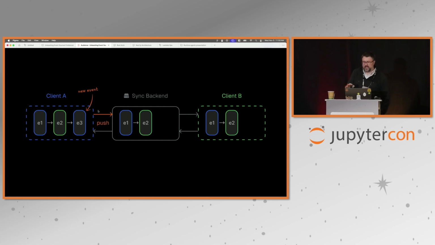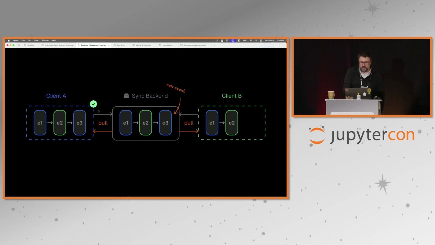So back to this event log thing. How does this piece work? We've got two clients here, client A and client B, and we've got our sync backend. Client A, client B and the sync backend all recognize the current head, like of a Git repository, is E2 right now. And client A is gonna add event E3, so it's gonna push it to the sync backend.